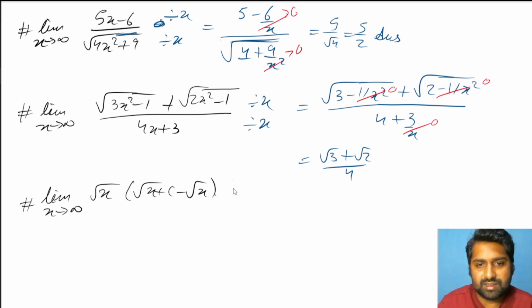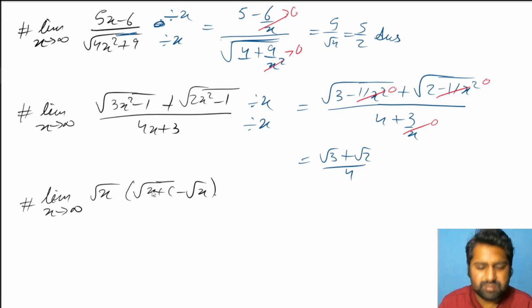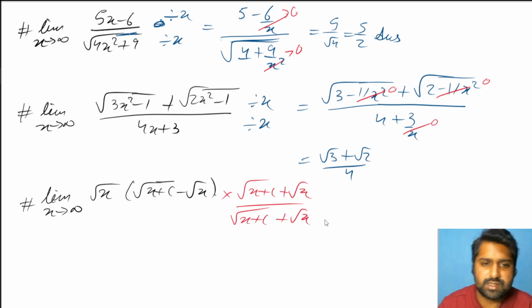So your method of generating 1 by x is not working here. Then what can we do? The moment you see square root, what do you do? Rationalize. So let's rationalize. Multiply by square root of x plus c plus square root of x, upon square root of x plus c plus square root of x.